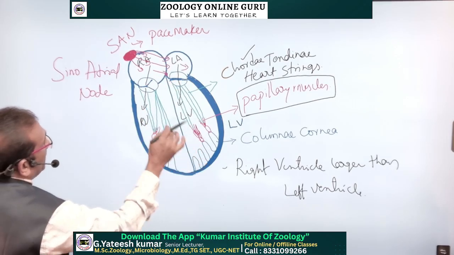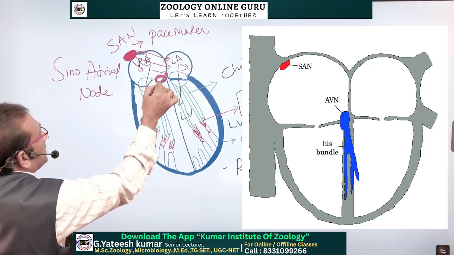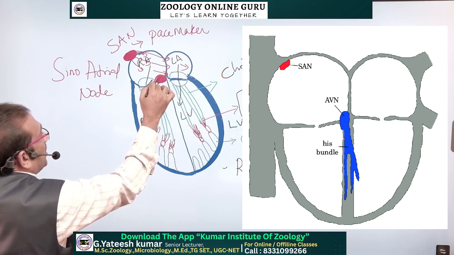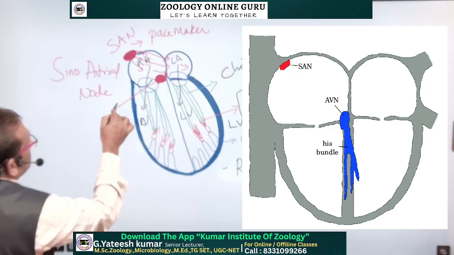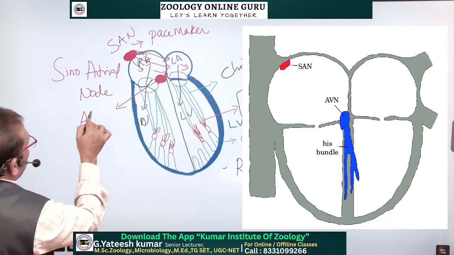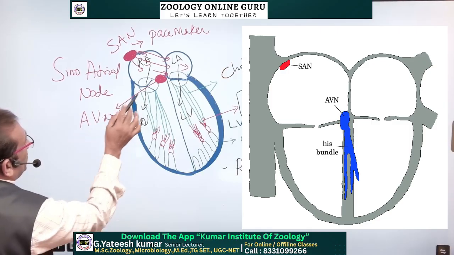And coming to the ventricles, here another node is present in the atrioventricular aperture, right side corner. See, right side corner, another node is present. This is known as the AV node, atrioventricular node.